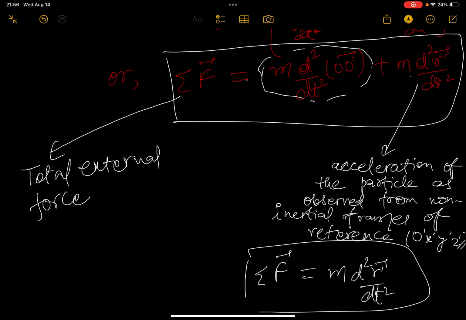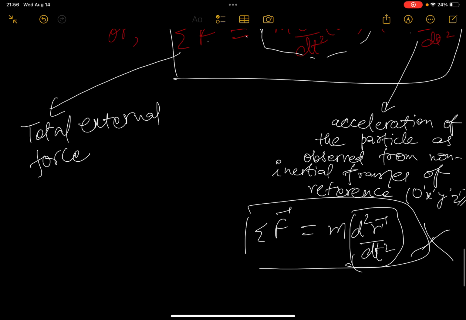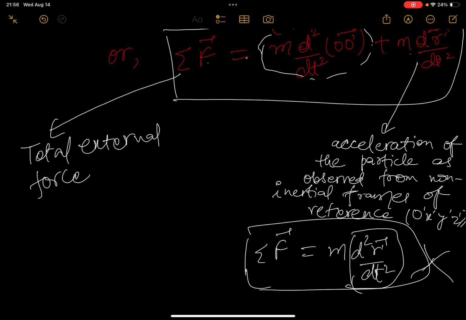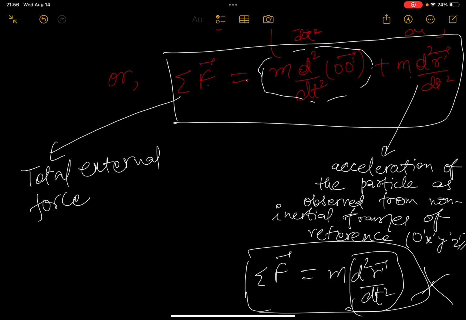But this is wrong, because this thing is observed from a non-inertial frame of reference. So if we have to frame an equivalent form of Newton's second law for a non-inertial frame, then we have to frame it in such a way that summation F equals mass into acceleration as observed from the non-inertial frame of reference.